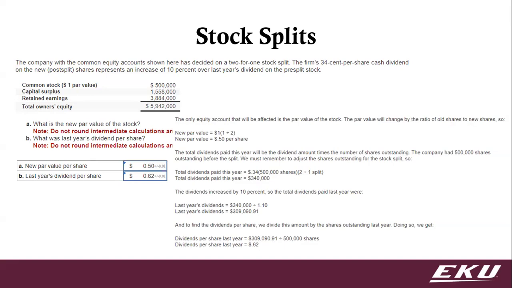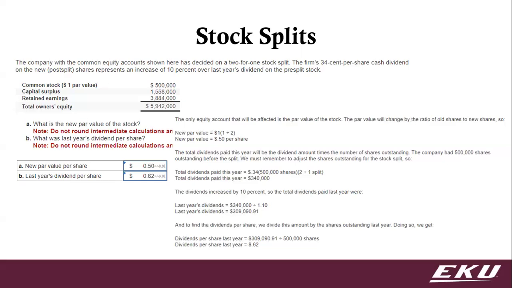Okay. So what's the new par value, and then what was last year's dividend per share? Currently, it says their common stock has a $1 par value. If they're doing a 2-for-1, we know that splits that by two. So instead of it being a dollar, it's now 50 cents.